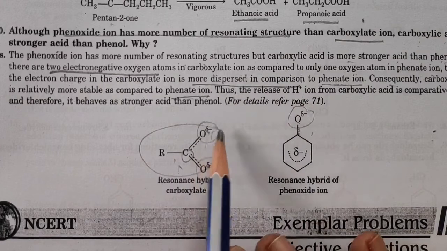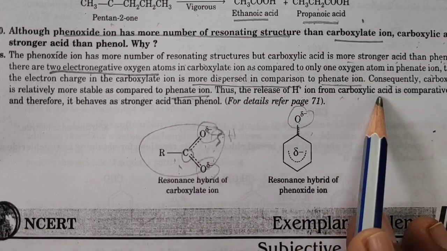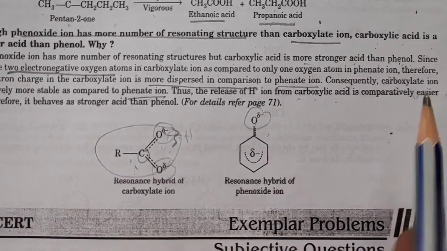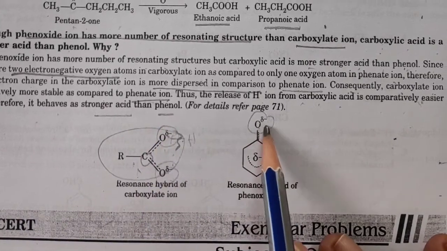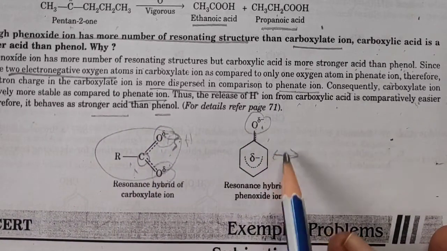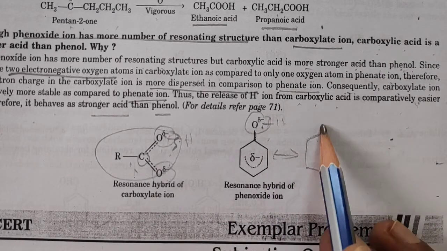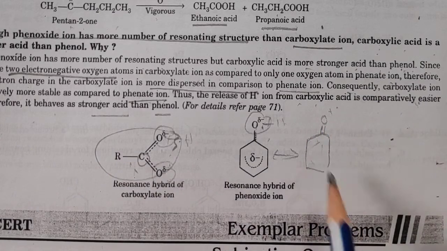Thus, the release of H plus ion from carboxyl is comparatively easier, and therefore it behaves as a stronger acid than phenol. In this case, what happens, we have seen the resonance structures, when H gets removed, you will see in the second resonance structure there is a formation of a double bond with O, if you remember, right?